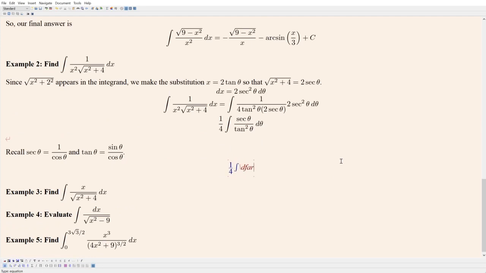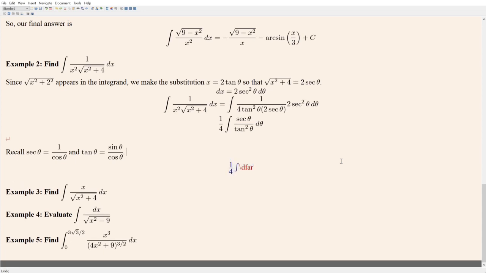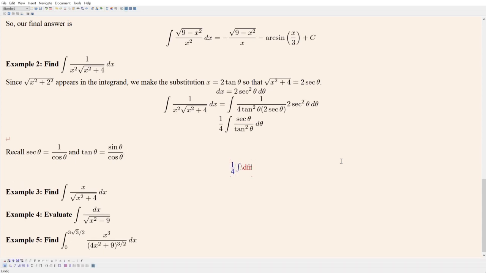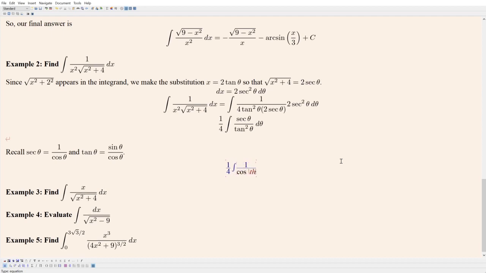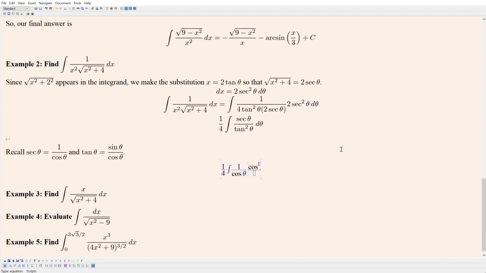So that secant becomes 1 over cosine. And then, since tangent is sine over cosine, but we have 1 over tangent, that becomes cosine over sine, and that is all squared as well.